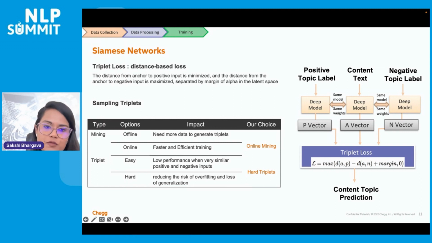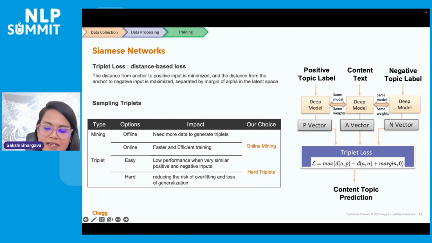Besides how to find these triplets, there are also different types of triplets. There are easy triplets and there are hard triplets. So if you are sampling the negative topic from two very different courses, for example, let's say physics or biology, then naturally they appear very far off from each other in the semantic space.